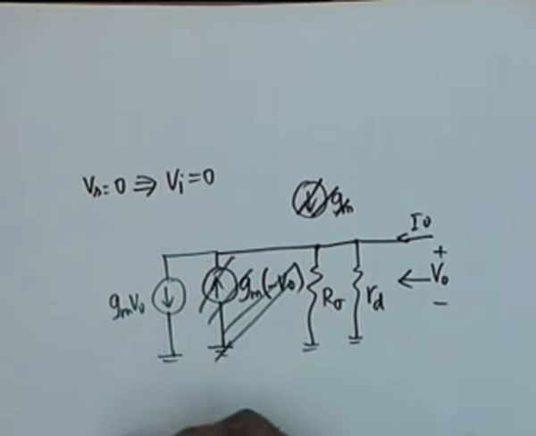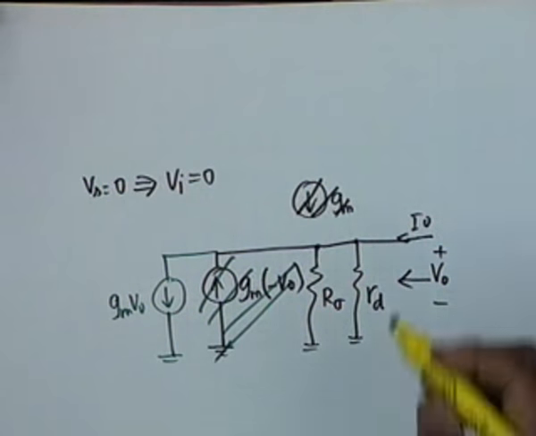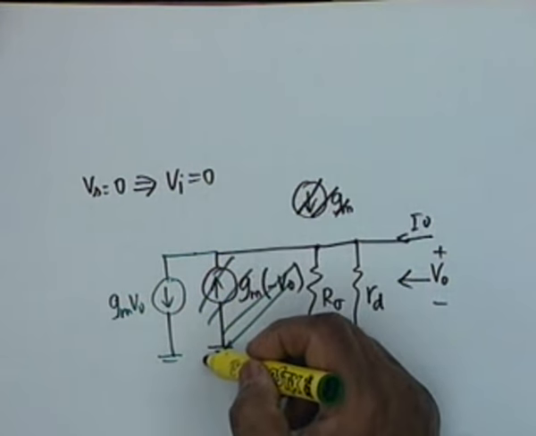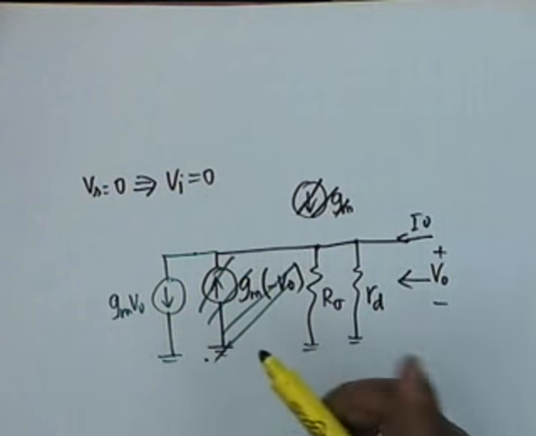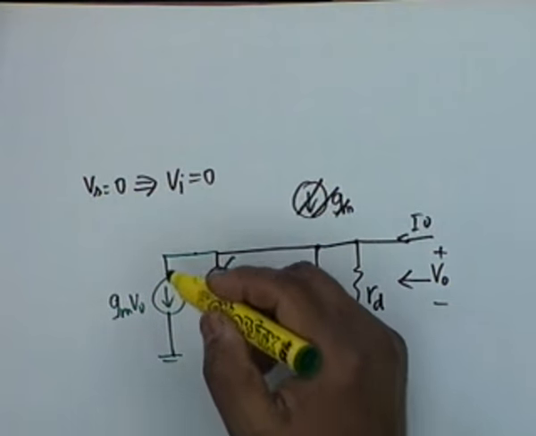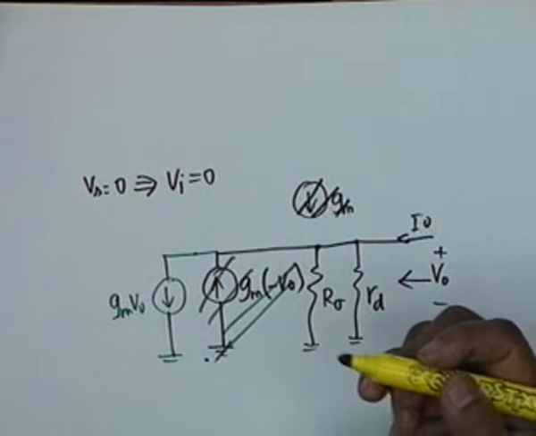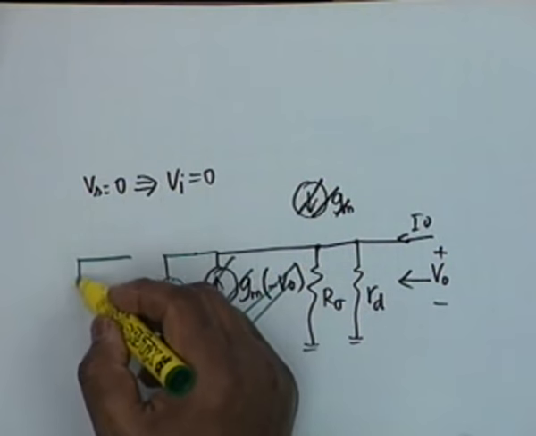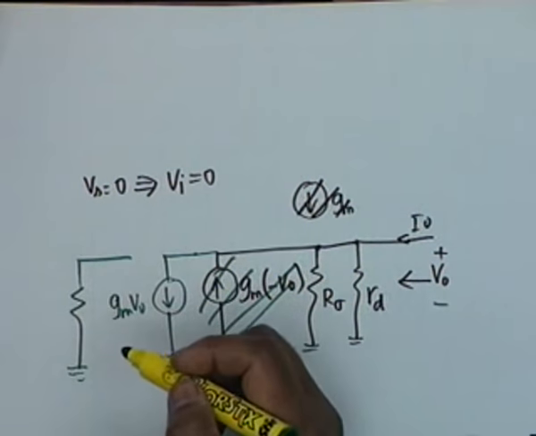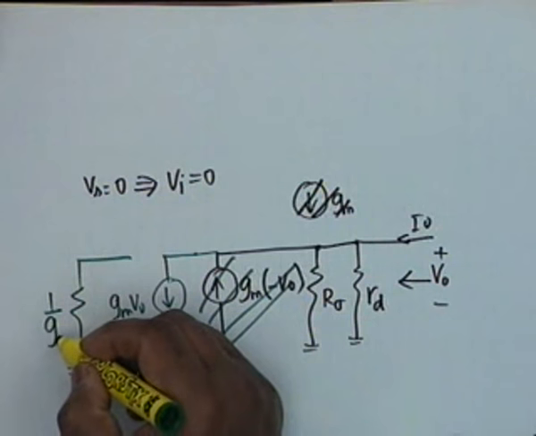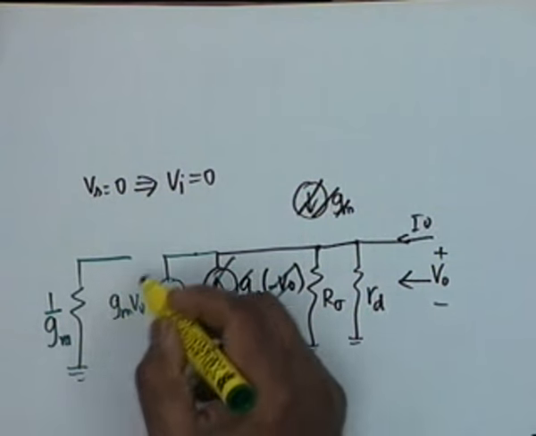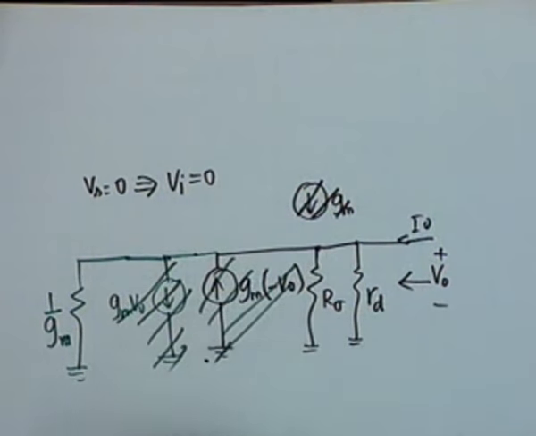Agree? I have simply changed the direction. Now a voltage V0 exists across a current generator whose current is GM V0. So isn't this equivalent to simply a resistance of value 1 by Gm? So you can ignore this too.